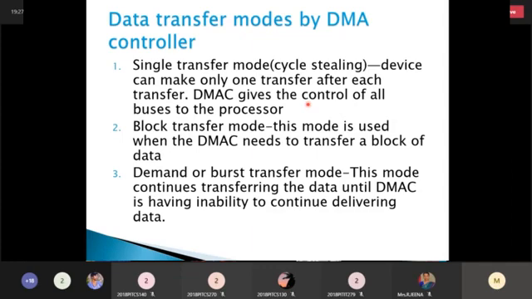Block transfer mode is used when the DMAC, that is the DMA controller, needs to transfer a block of data. In demand or burst transfer mode, the DMA controller continues transferring the data until it is unable to continue delivering the data.